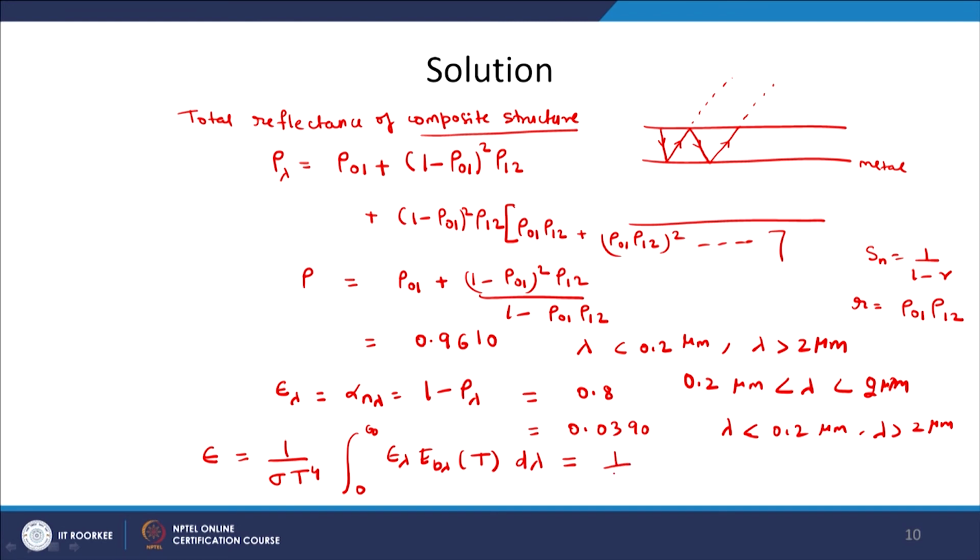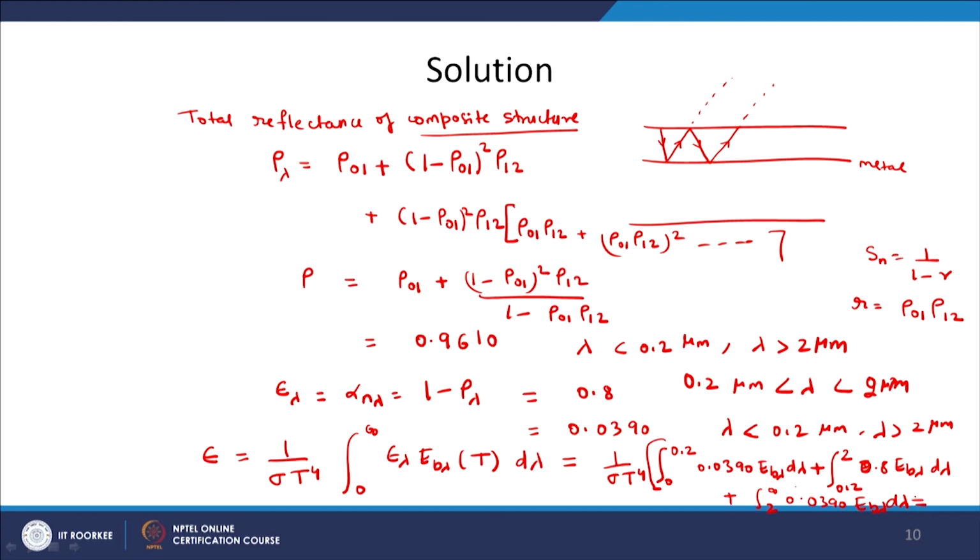So, we can just write 1 over sigma T to the power 4 times the integral from 0 to 0.2 of 0.039 E b lambda d lambda, plus from 0.2 to 2 of 0.8 E b lambda d lambda, and then beyond this, from 2 to infinity, the value will again be 0.039 E b lambda d lambda.